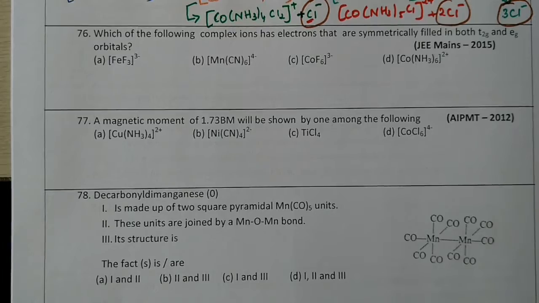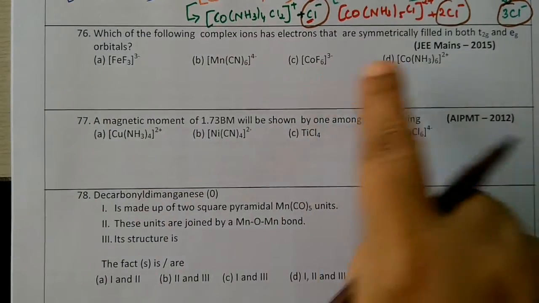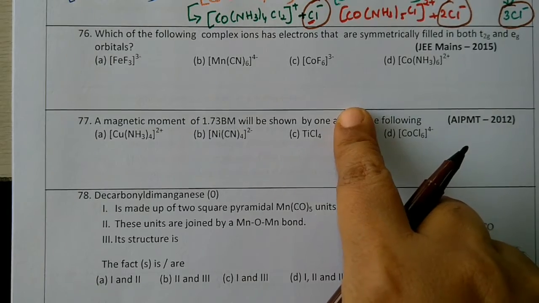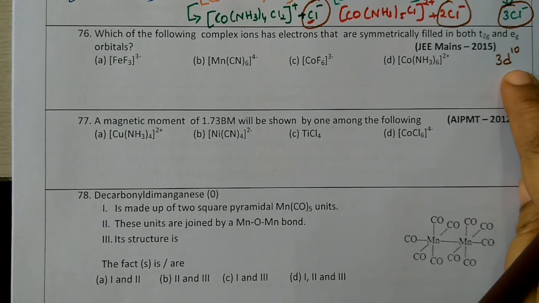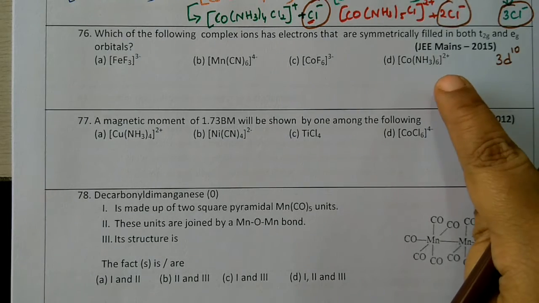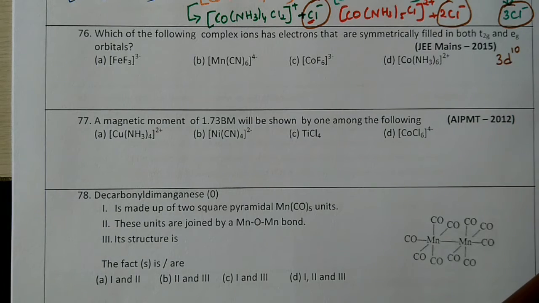If zinc or copper is there, then you can go for the 3d10 electronic configuration. At that time, all the orbitals will be completely filled with 2 electrons each.